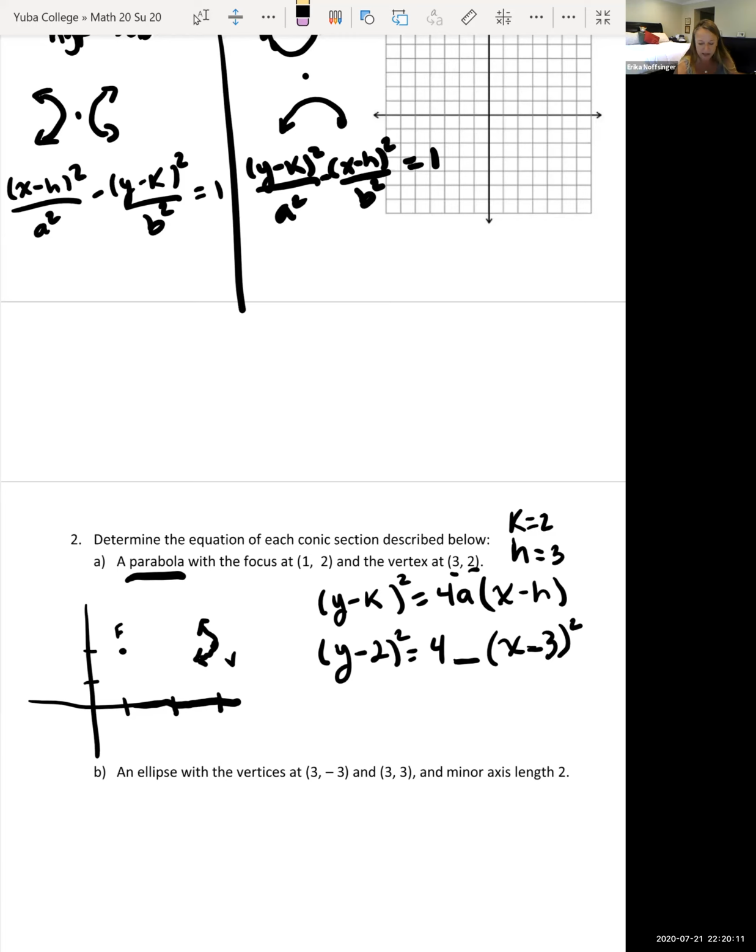That a value, well, it has to do with our focus or our directrix. From our vertex, that is the distance from the focus to that vertex. So this distance here, well, we were given that this was at (1, 2), and this vertex is at (3, 2). And so that distance is 2.